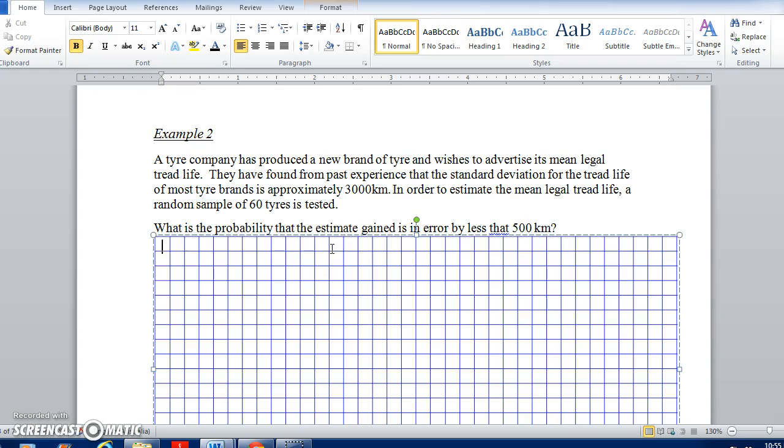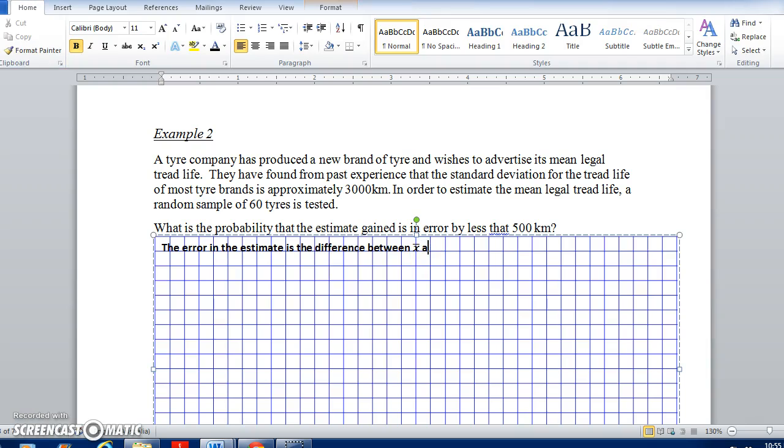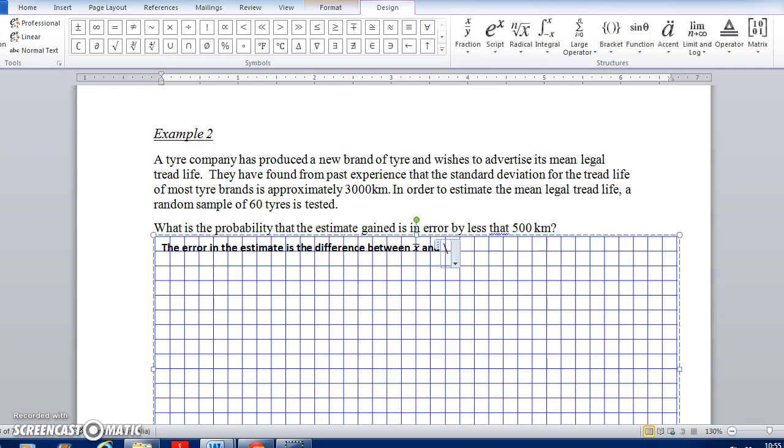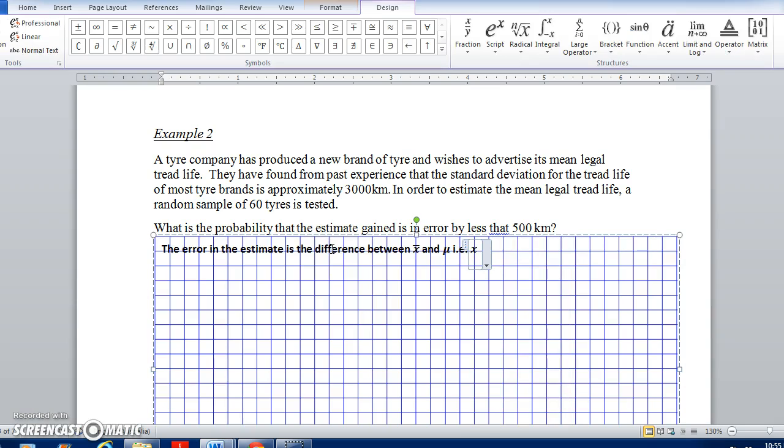kilometers, sorry. So the error in the estimate is the difference between x bar, the mean of our sample, and mu, which is the population mean. So basically it's just x bar take mu.